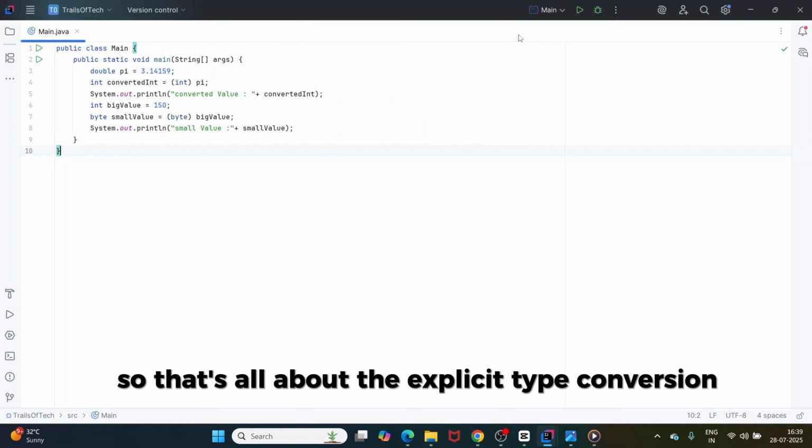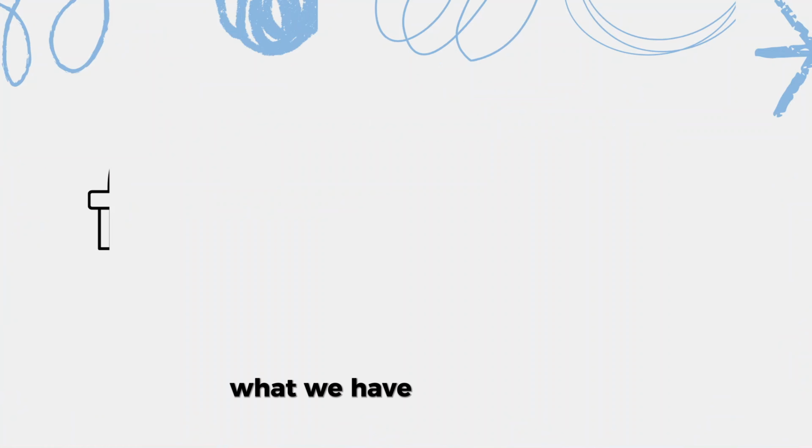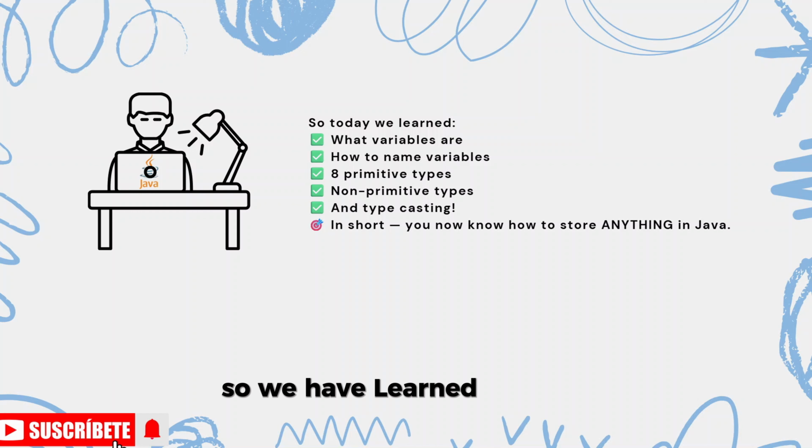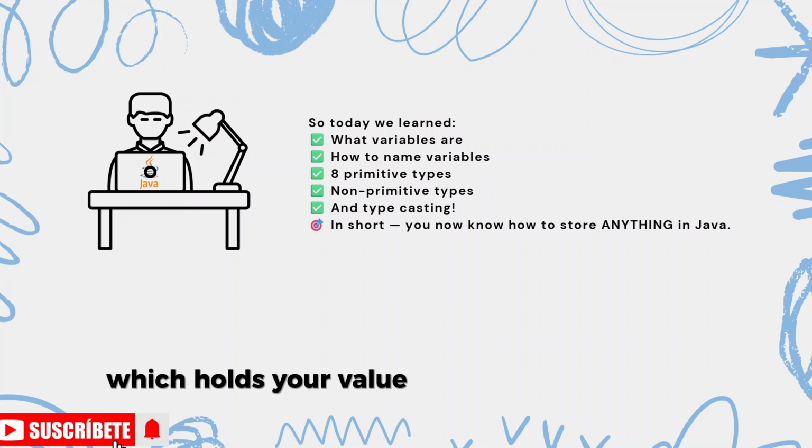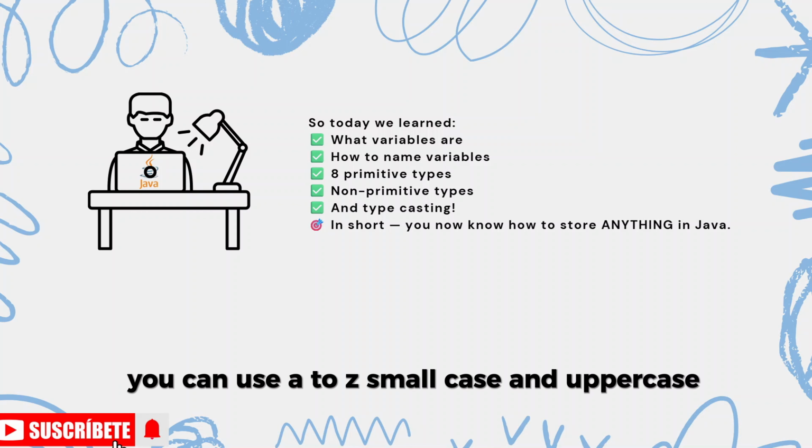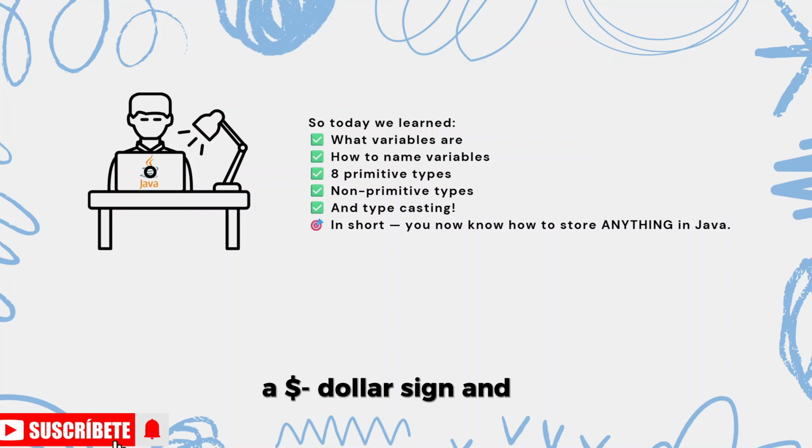Okay, so that's all about the explicit type conversion we have learned today. We have learned what variables are, basically a container which holds your value. How to name variables: you can use A to Z, small case and uppercase, a dollar sign and an underscore, and it should be descriptive.